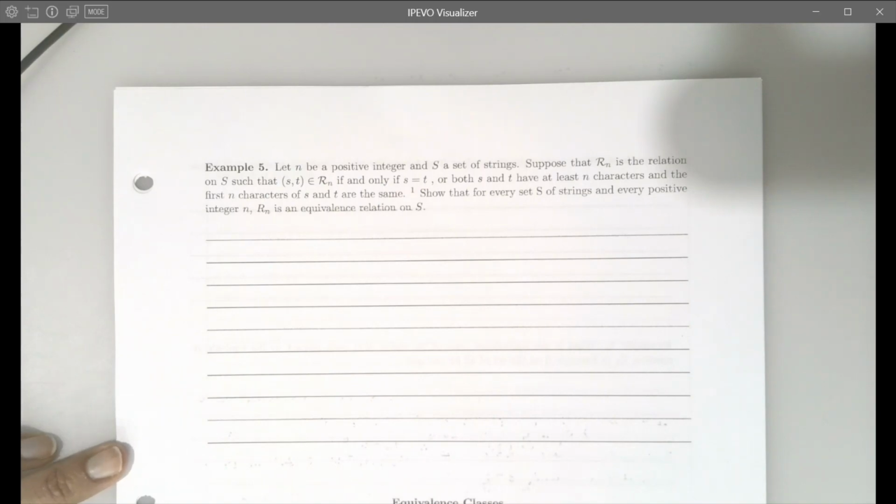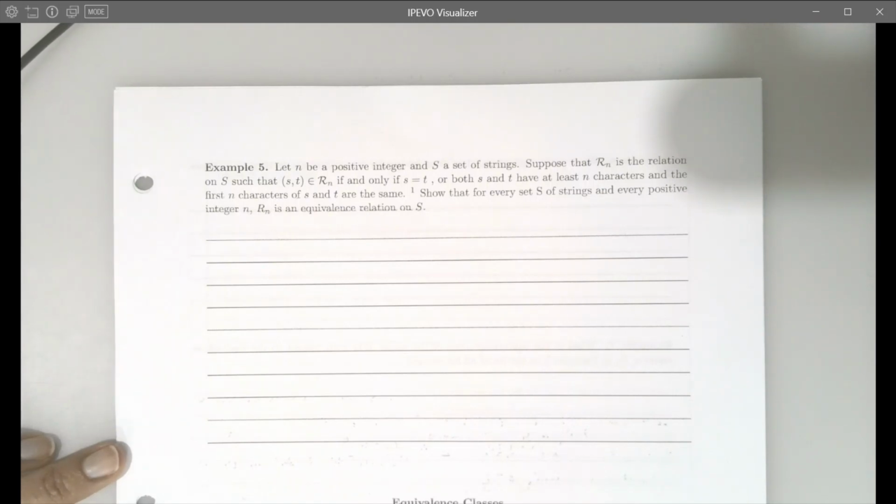Show that for every set S of strings and every positive integer n, Rn is an equivalence relation on S. So this is actually very similar to what we saw in the introduction with the variable names in the C language. But in this case, we're just generalizing that idea to be for any set S of strings and any number of characters n.